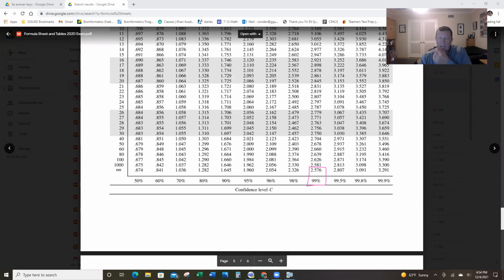Okay, so again, if you want to be 99% confident, you need to get 2.576 standard deviations on either side of your estimate. Your estimate is p hat, plus or minus z star, which is how many standard deviations, and your standard deviation is this calculation.